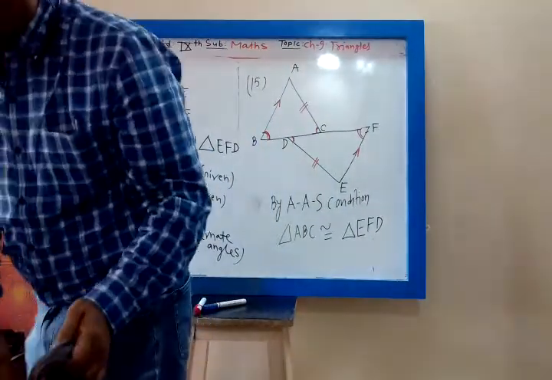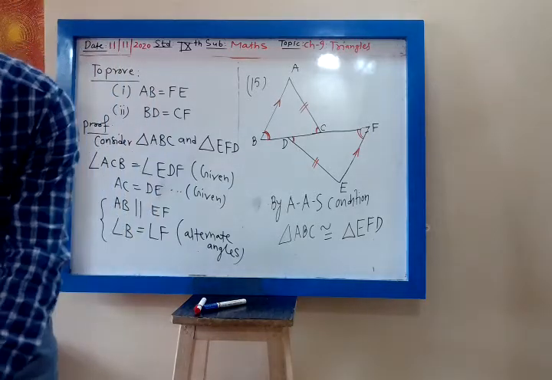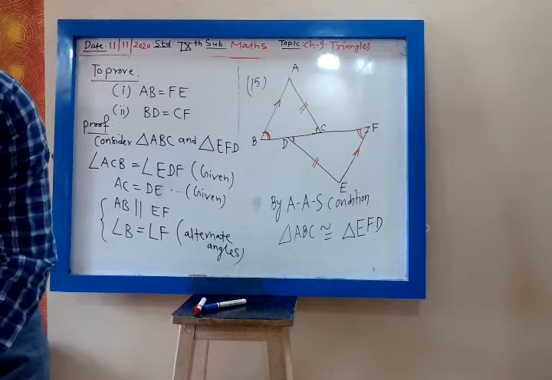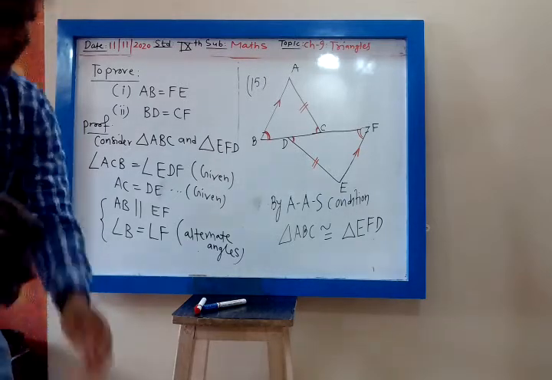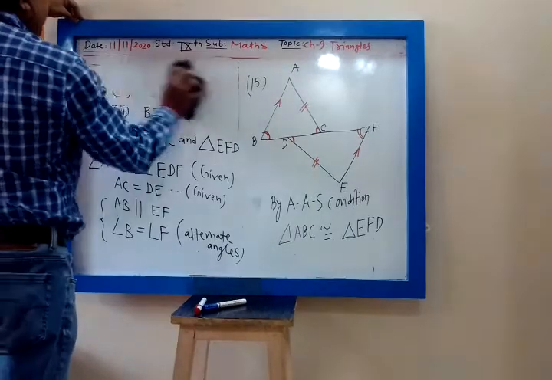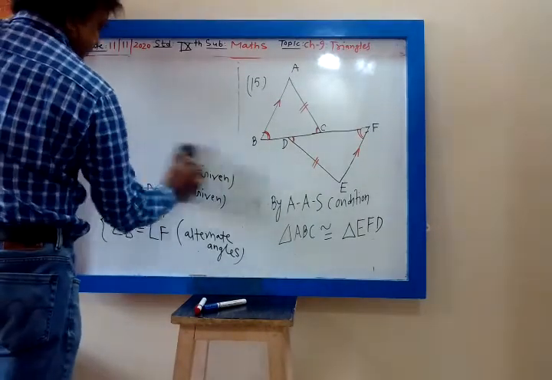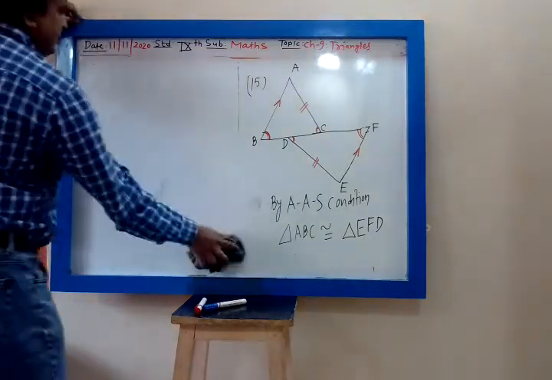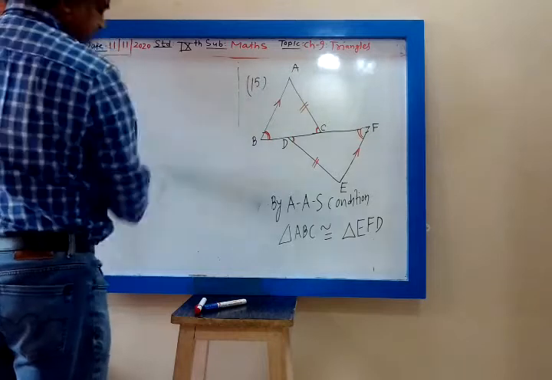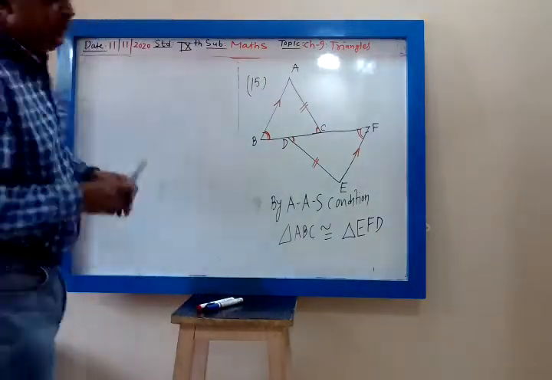So when two triangles are congruent, you can apply CPCTC. Yes, so now we apply CPCTC. So we write by CPCTC.